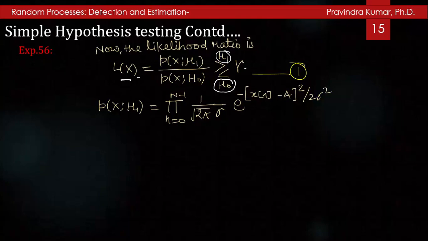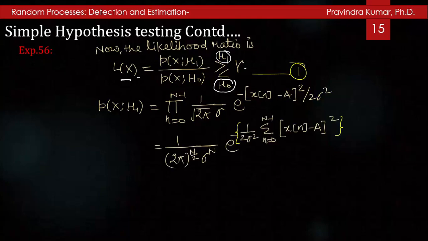So in this case, it will be 1 upon 2 pi to the power n by 2 sigma to the power n, e to the power minus 1 upon 2 sigma square, summation n from 0 to n minus 1 of x n minus A whole square.